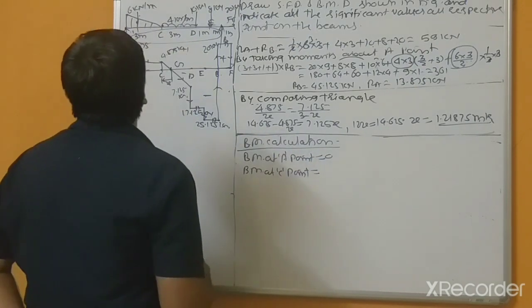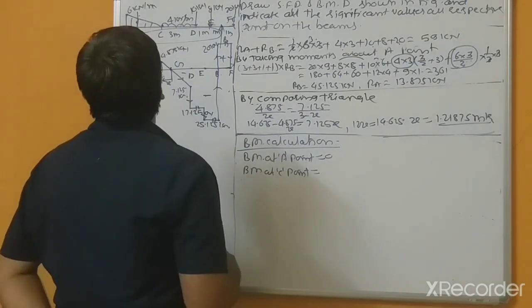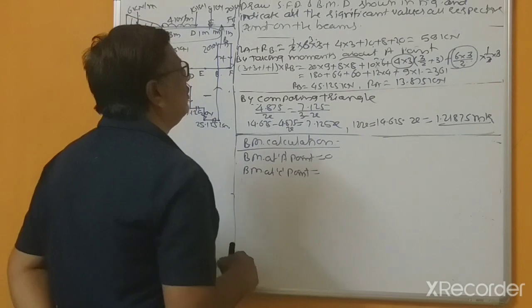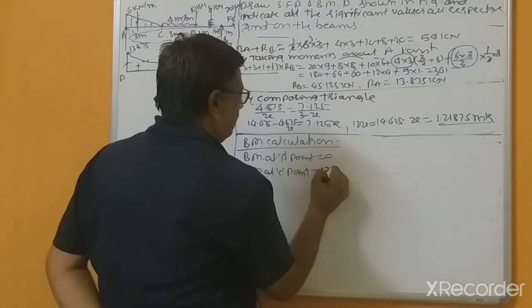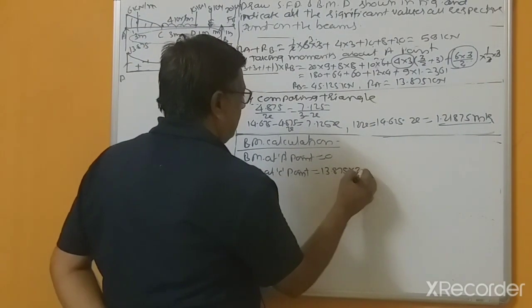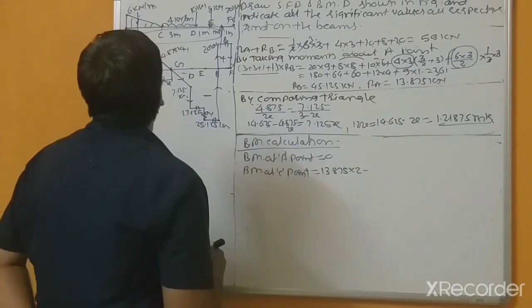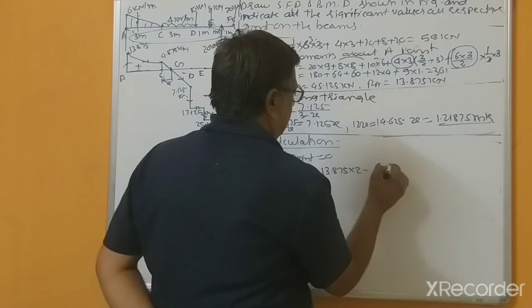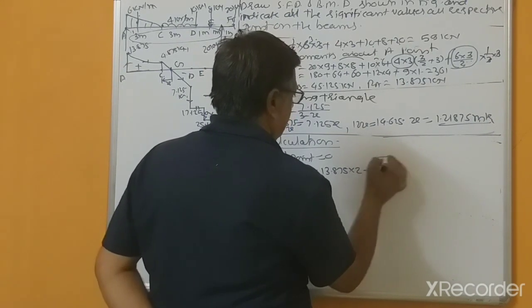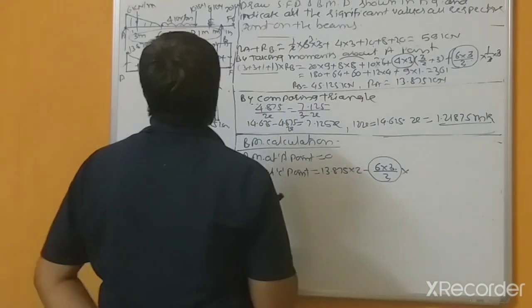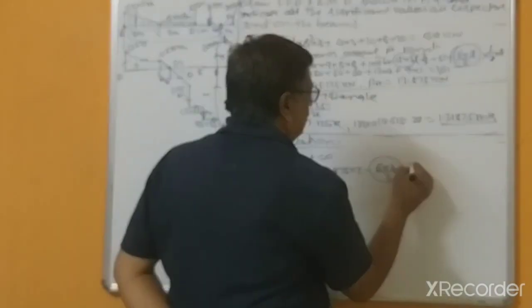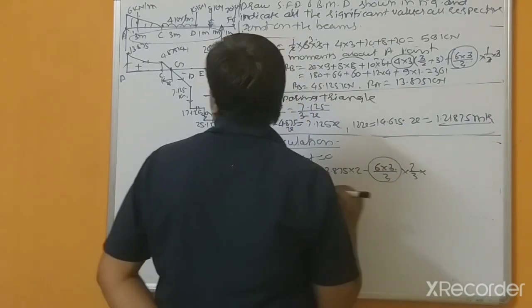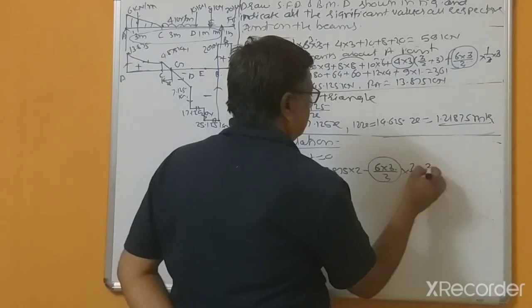Next point is the bending moment at C point. Your force RA equal to 13.875 multiplied by distance 2, 6 into half 3 divided by 2 multiplied by distance 2/3 of 3 meter.